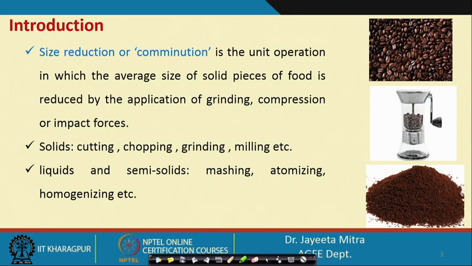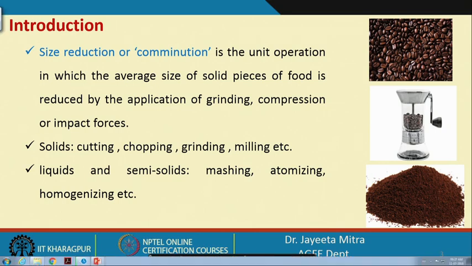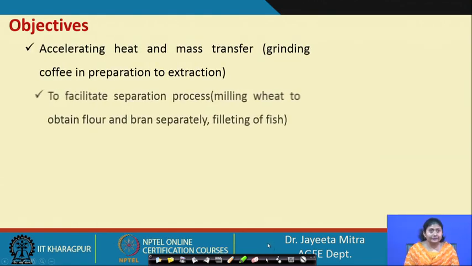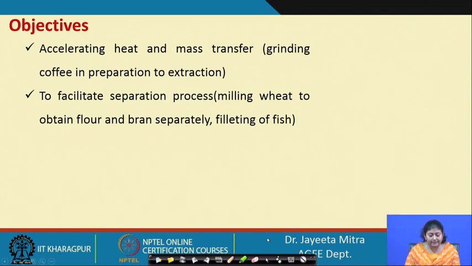One such example we can observe here is the coffee bean to coffee powder preparation. This is done by grinding to increase the surface area, and the basic objective of this is accelerating the heat and mass transfer.